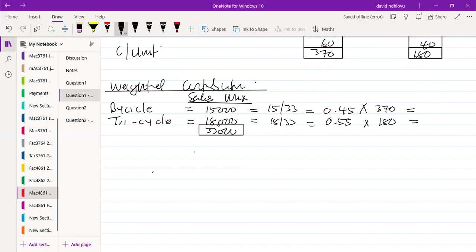So 0.45 multiplied by 370, you are going to get 166.50. 0.55 by 180, you are going to get 99. Then you combine everything together to get your weighted contribution.